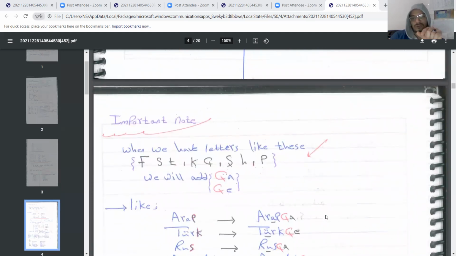Here, important notes. We will use these few letters in many next grammars, so we must keep them in our mind. Fıstık çişhib, F-S-T-K-Ç-Ş-H-P.